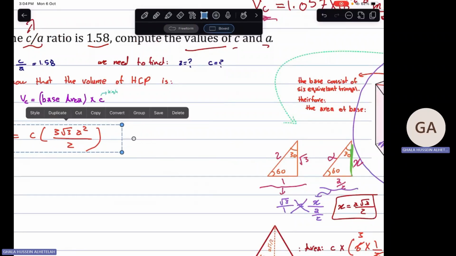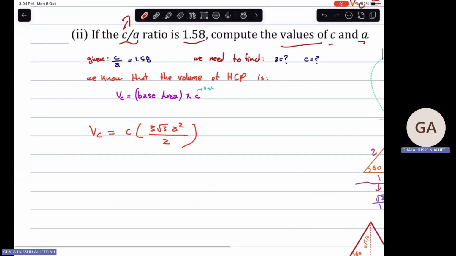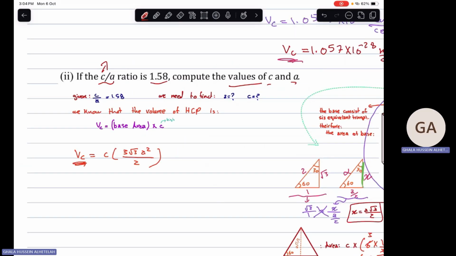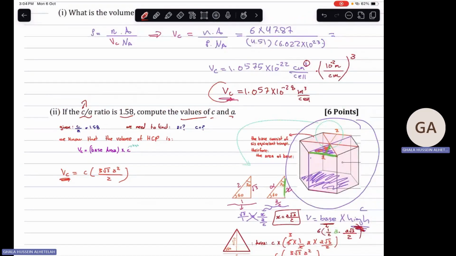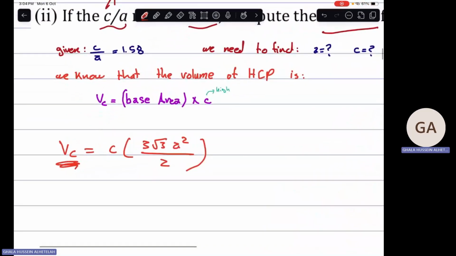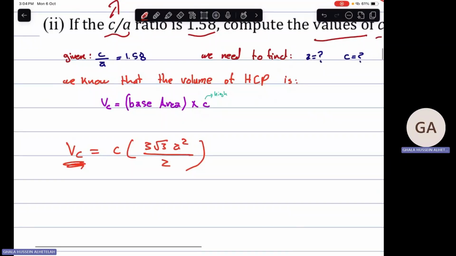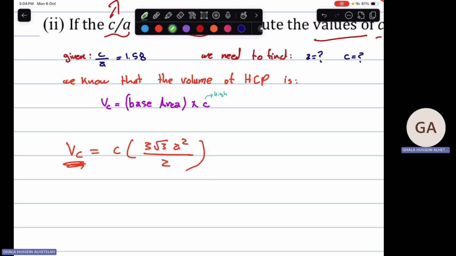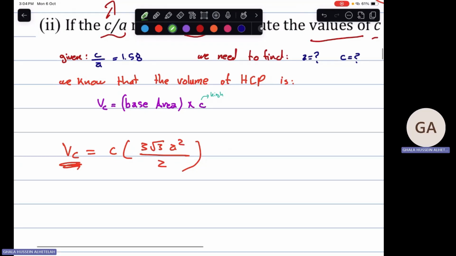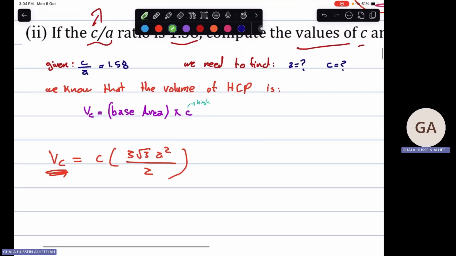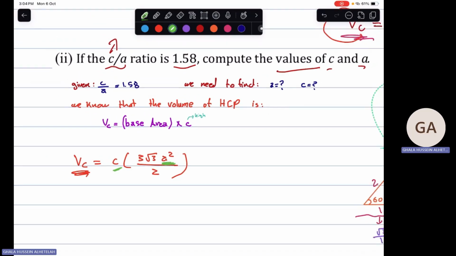And we know the value of the VC, which we just found in the previous part. Okay. Now, if you think about this equation, we have two variables with one equation, so we can't find the value of each of them. So we need to find another equation to determine either a or c, and replace them.